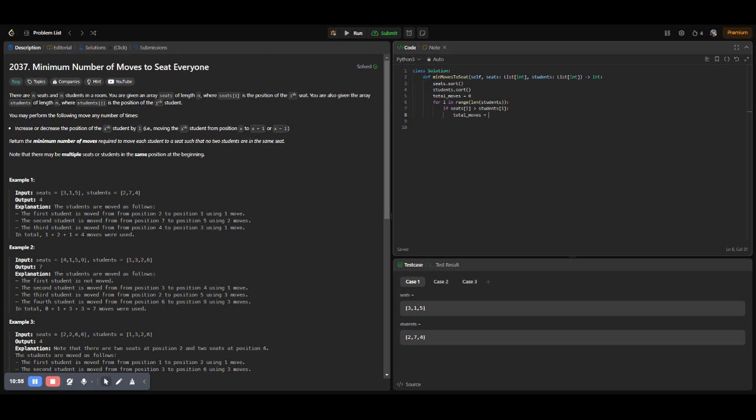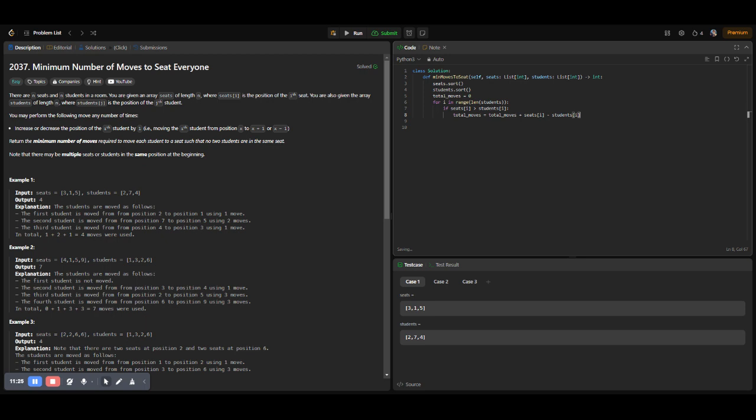It's equal to total moves plus i minus precedence i.